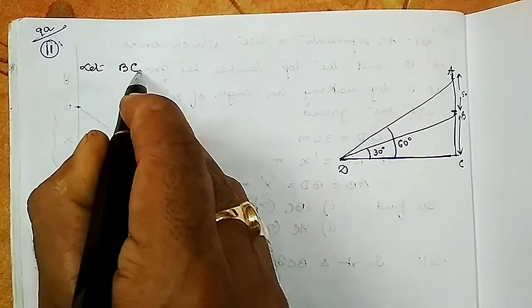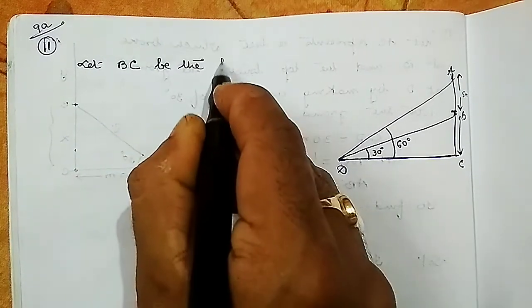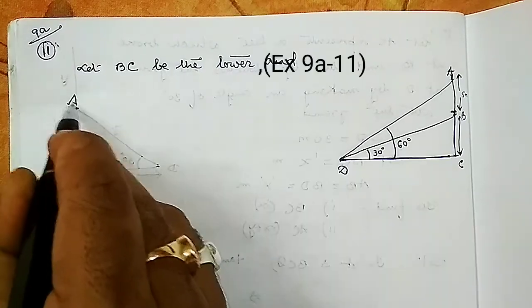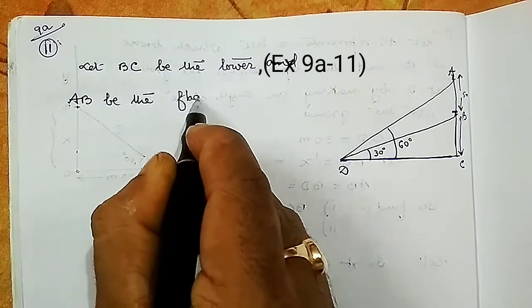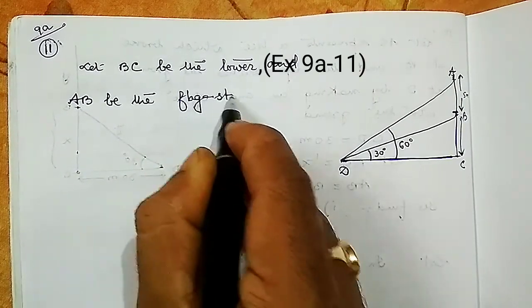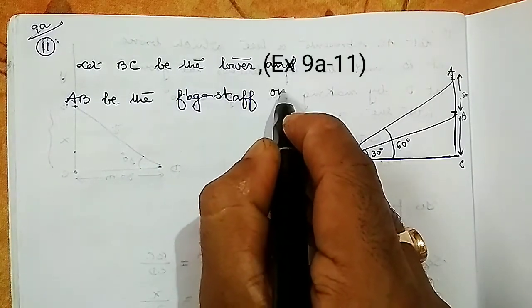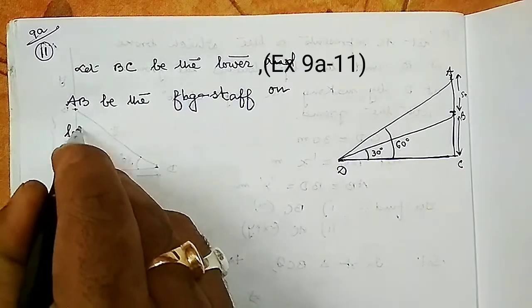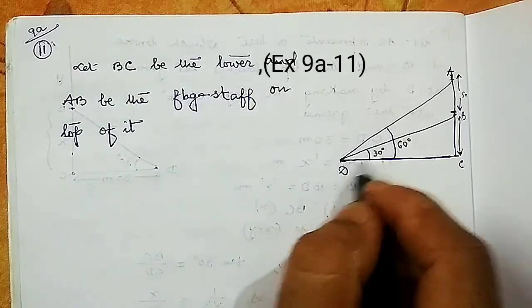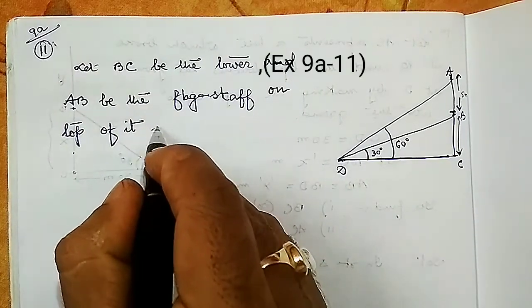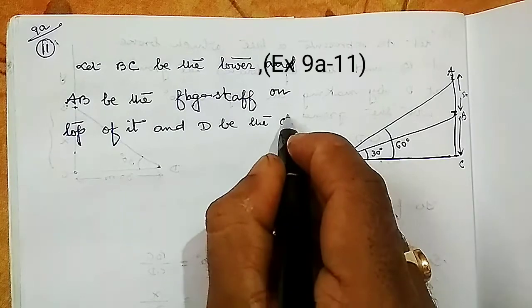Let BC be the tower, AB be the flagstaff on top of it, and D be the observation point.